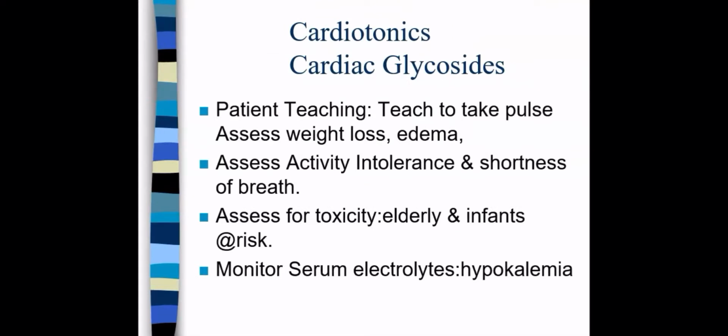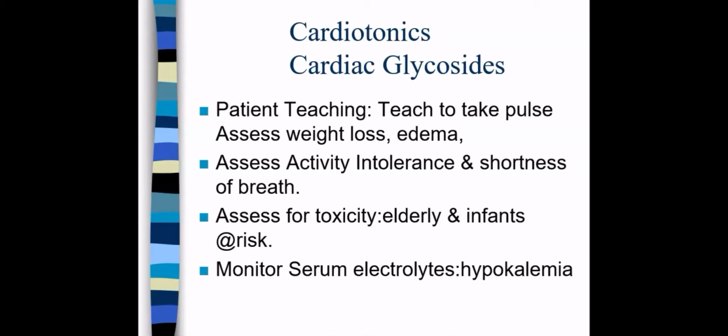Cardiotonics are also for cardiac glycosides. Patient teaching is very important. The nurses need to take the pulse, and usually it's the apical pulse. We need to assess them for weight loss and for edema. We also have to assess them for activity intolerance and shortness of breath. They get fatigued easily as a side effect.